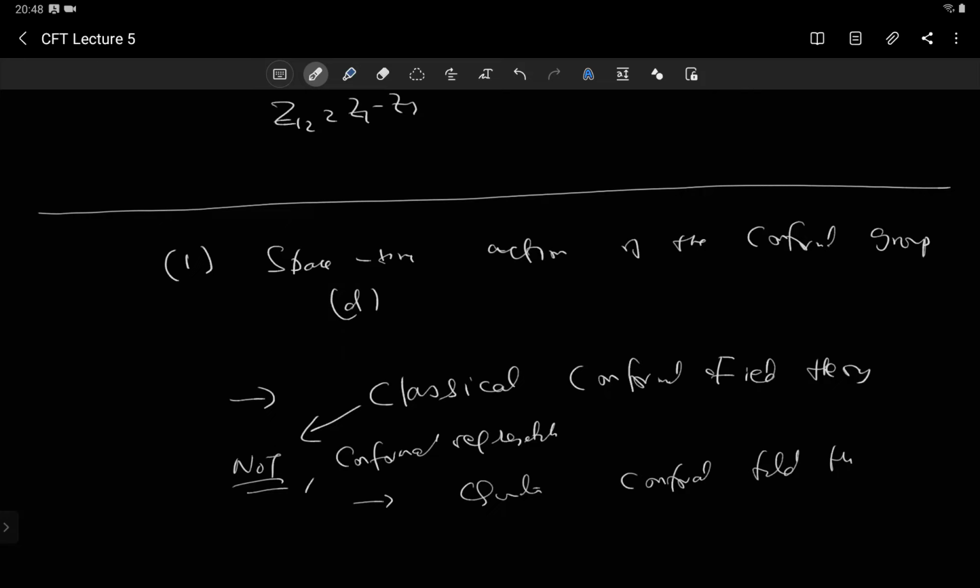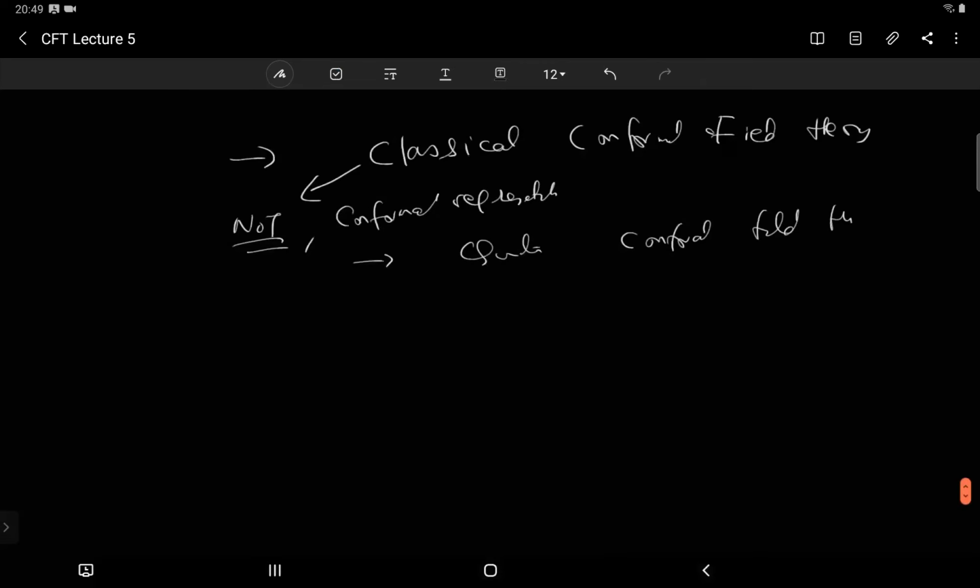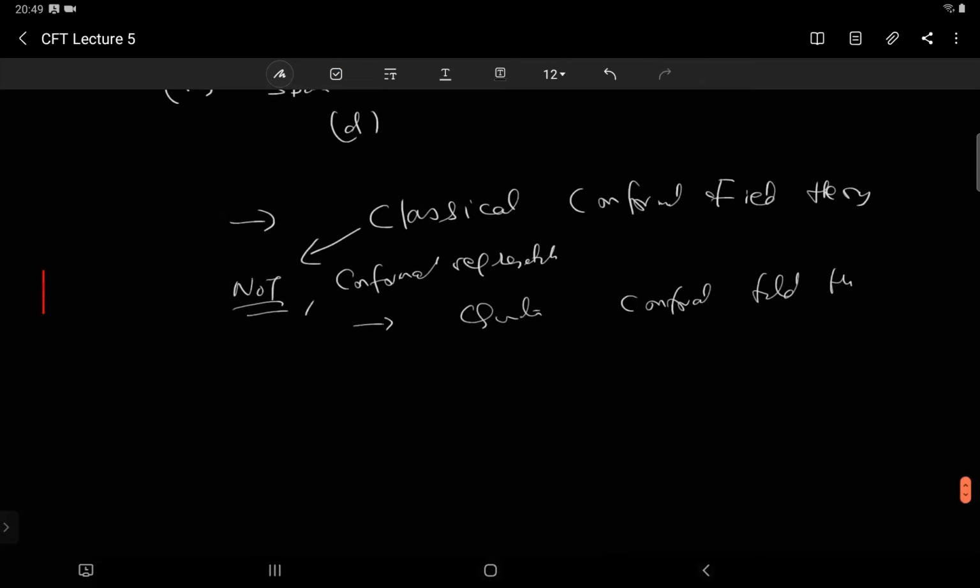Now we have to see what the representations of the conformal algebra are. Another way of saying this is that when we talk about representations of the Lorentz algebra or the Poincare algebra, we talk about spin and mass. What is the mass of the field? What is the spin of the field? Here the question we are asking is what numbers you have to specify to specify a representation completely.